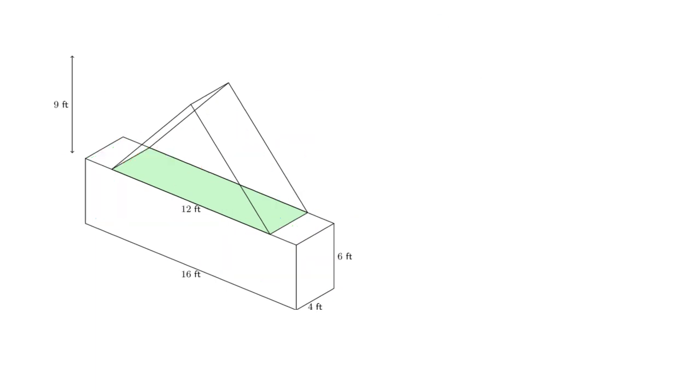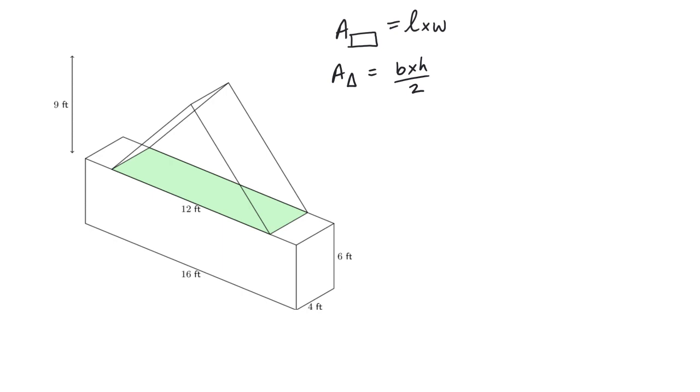The next thing I need to check is to make sure that I have all the lengths I need. So again, the area of a rectangle is length times width, and the area of a triangle is base times height divided by 2. So for each of the shapes, I need to make sure that I have a length and a width, and I have a base and a height.